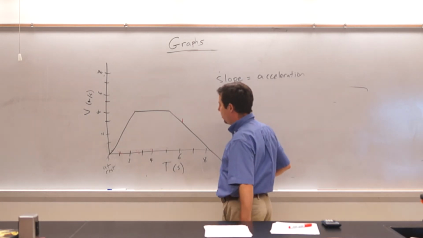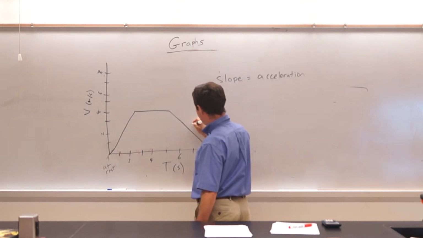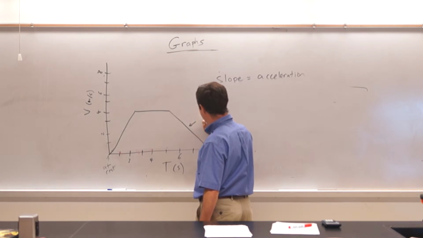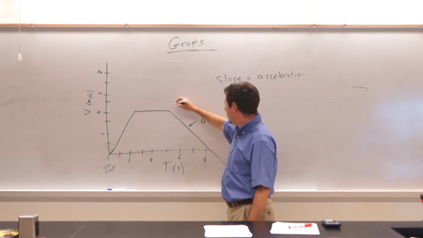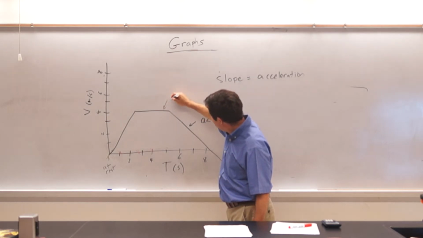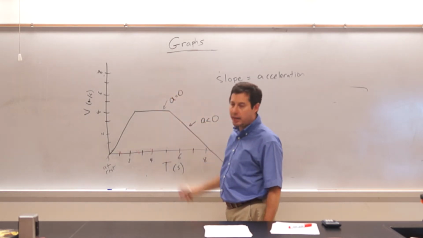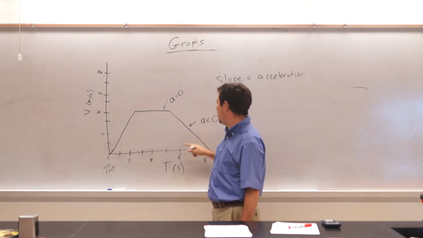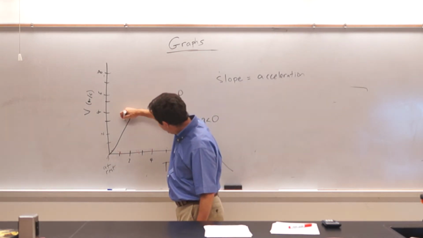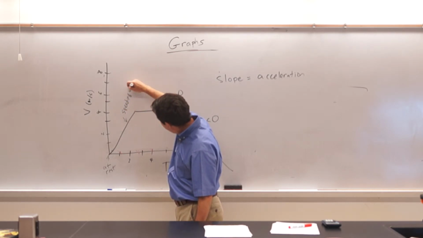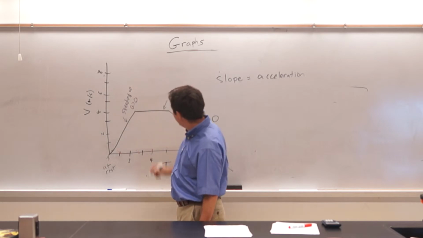The slope is still the acceleration. So here, the acceleration is going to be negative. Here, the acceleration is going to be 0 because it's a flat line, right? Staying at the same speed. Here it's decreasing in speed. Here it's speeding up. Acceleration is greater than 0.